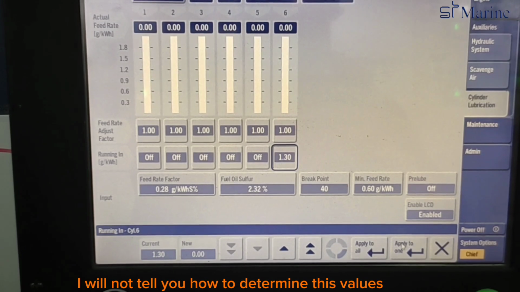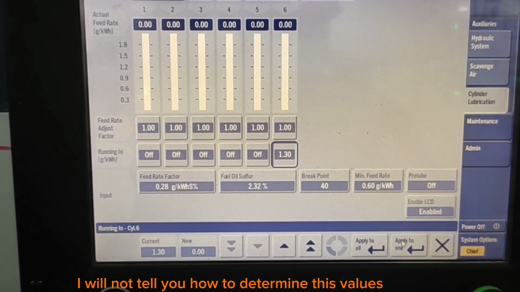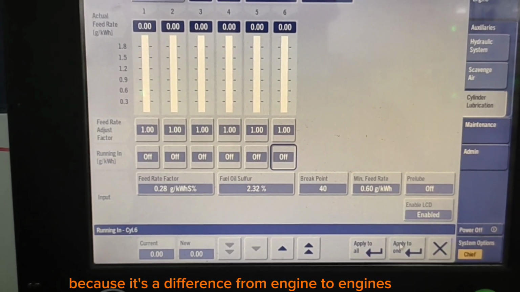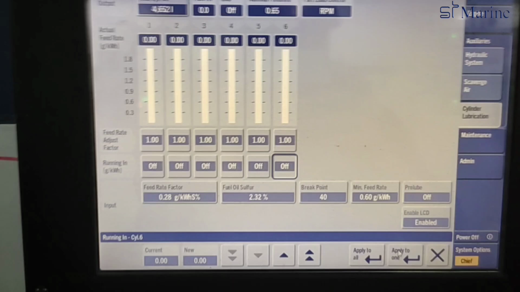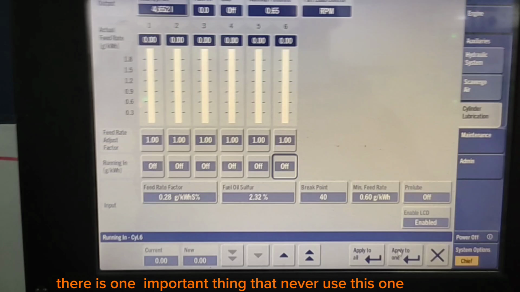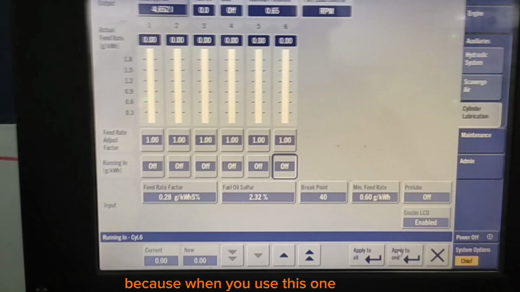I will not tell you how to determine these values because it's different from engine to engine, and you can find it in the instruction manual. There's one important thing: never use this one if the engine is running in normal conditions, because when you use this, it will override the feed rate adjust factors and set the actual feed rate equal to the running in feed rate specified by the operator.